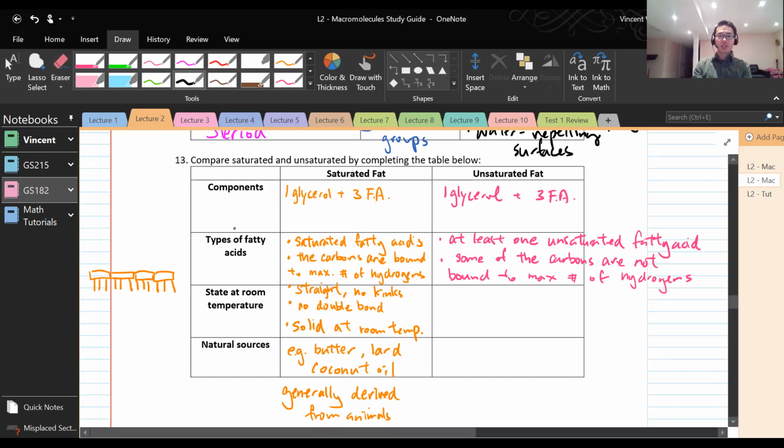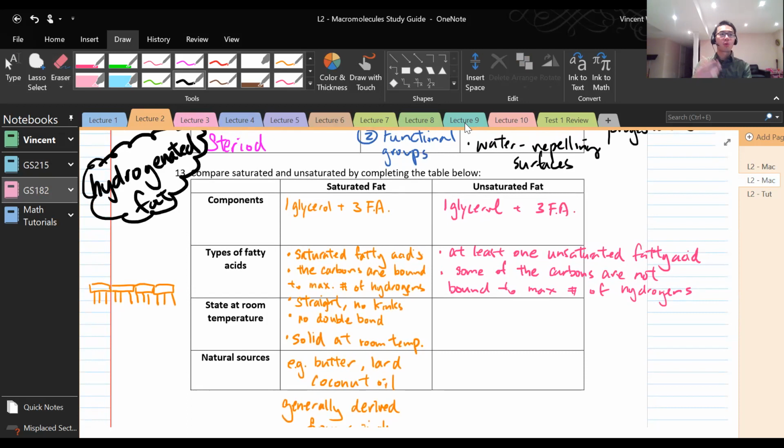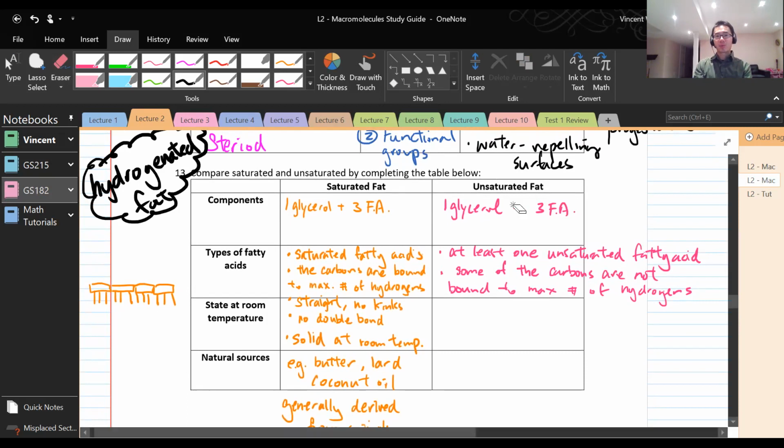Have you heard of this term before? Hydrogenated fats. Anybody heard of that before? Right. Things like shortening, right? That's an example of hydrogenated fat. That is when they take an unsaturated fat and they chemically add more hydrogen to it, and then it causes it to become more solid.